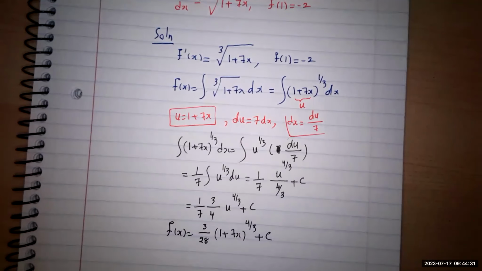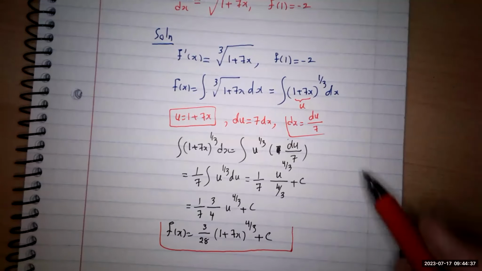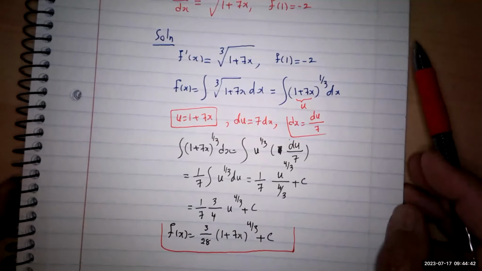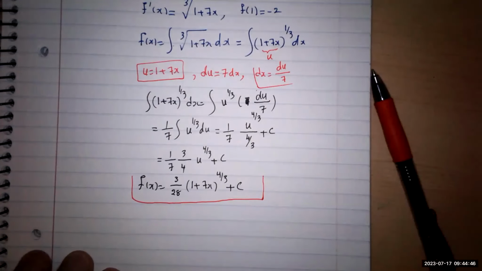That's what we call the general solution. But we have a condition that f of 1 equals -2. So this means you have to continue to find the constant c, as we did for the other one.